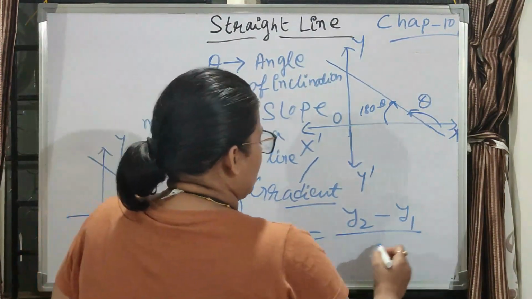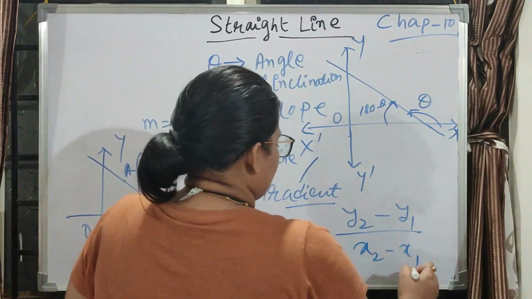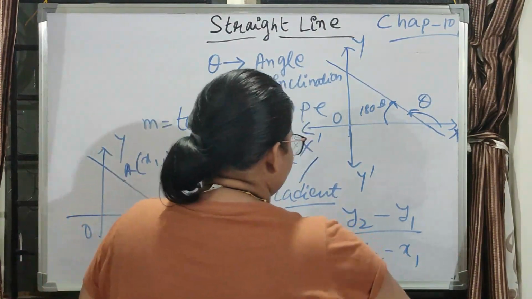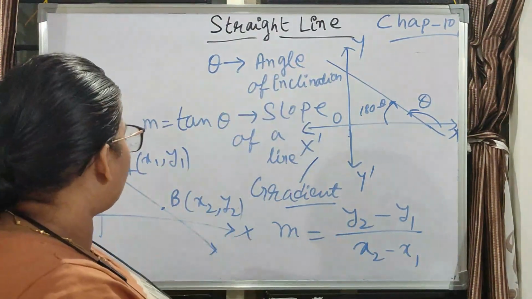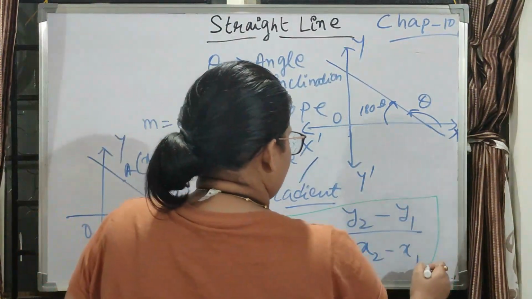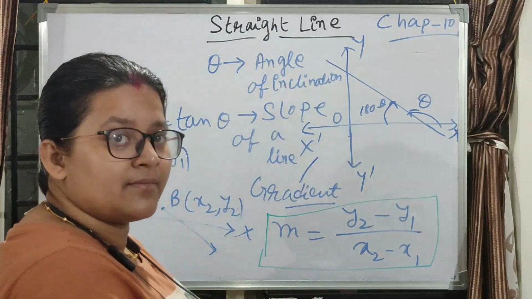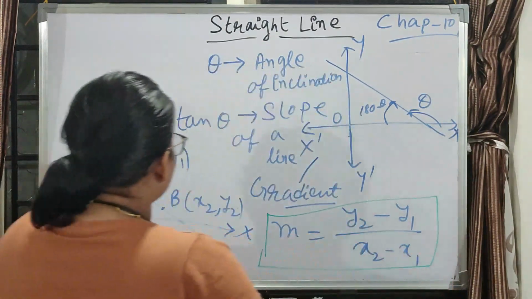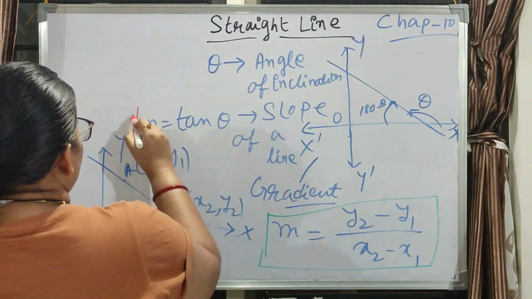So y2 minus y1 upon x2 minus x1. So we are having two formulas. Whenever our coordinates are provided, we need to use this formula. And whenever angle of inclination is provided, we need to use this formula.